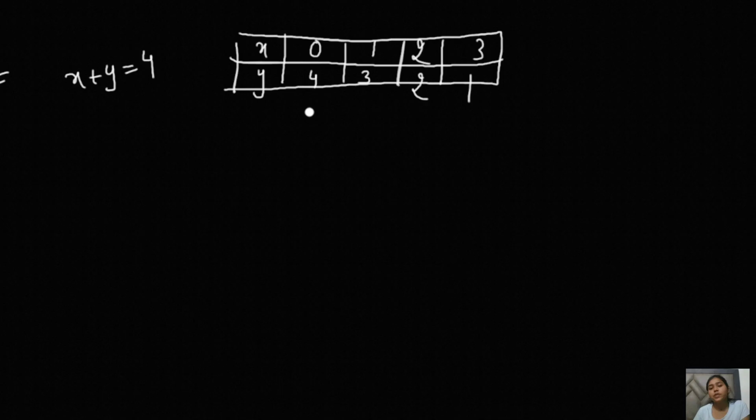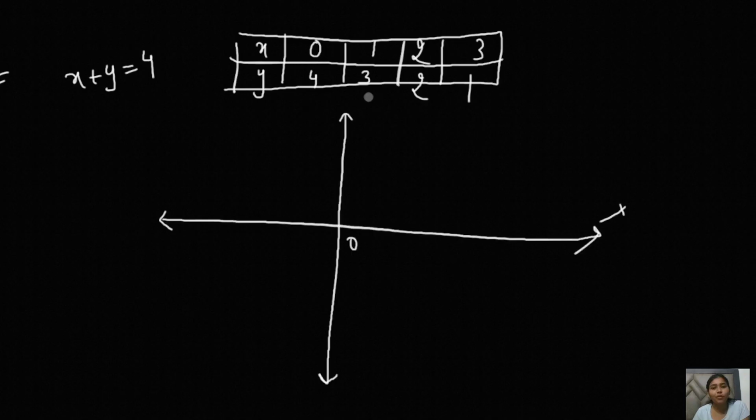We just have to plot these in the Cartesian plane. Mark x and y to avoid confusion, because you people are new, so you have to mark them to avoid any silly mistakes in your exams, right? I'm just plotting the positive part because, as you can see, the solutions are mostly positive. For x equals 0, y equals 4, so let me take another pen to mark it.